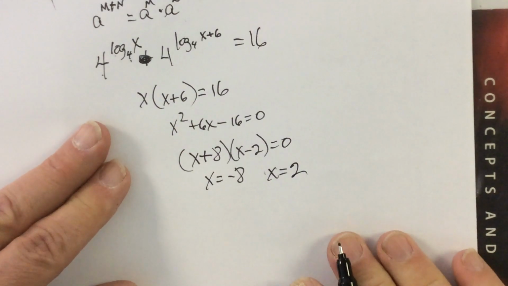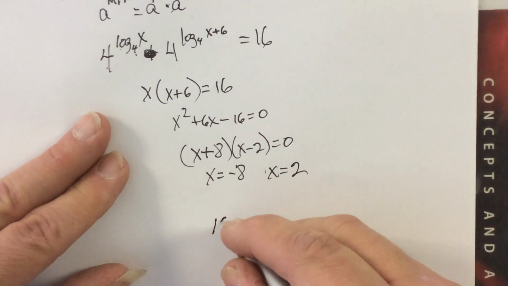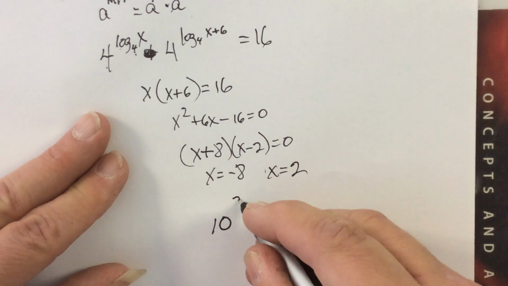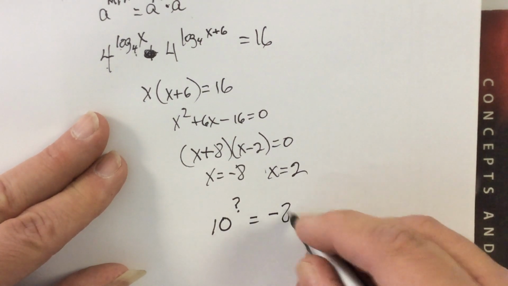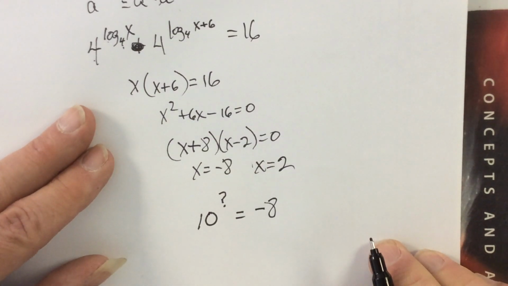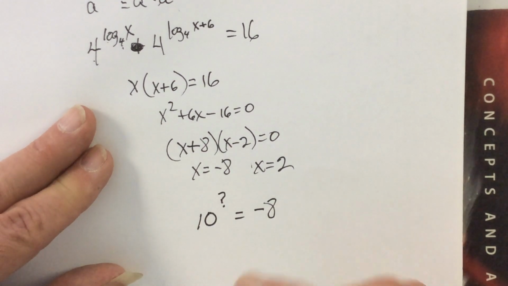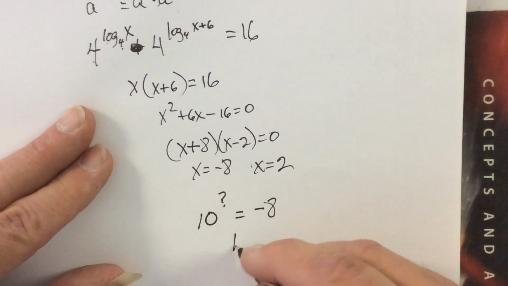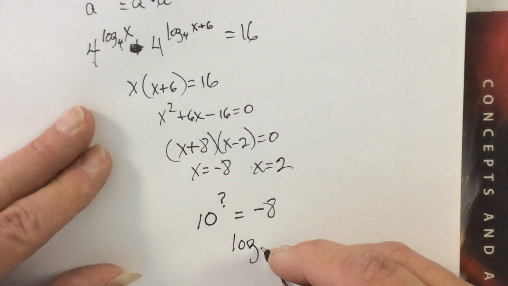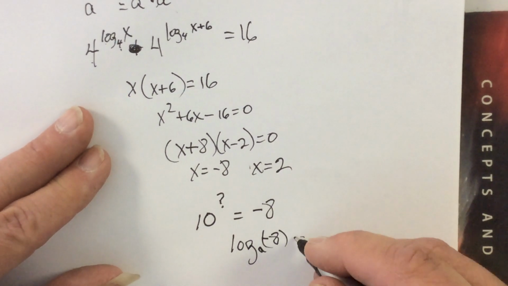Now, here's a question. Ten raised to what power is equal to negative 8? Since there is nothing you can do here to get a negative 8, that means the log base anything of negative 8 doesn't exist.